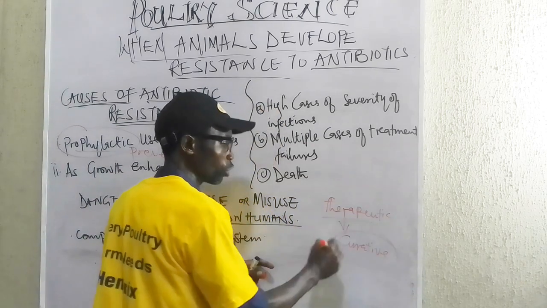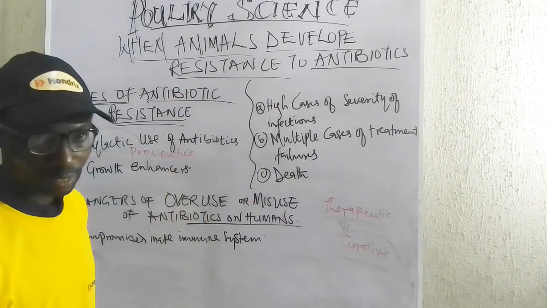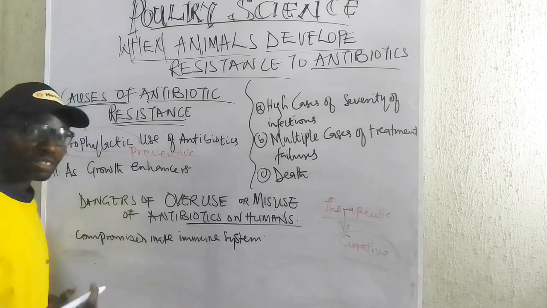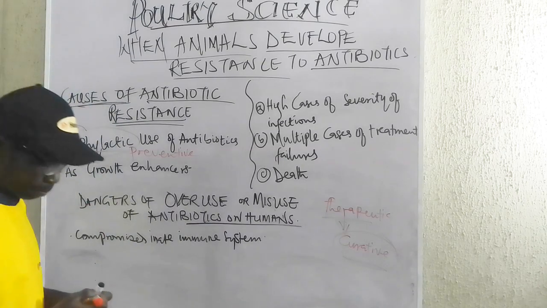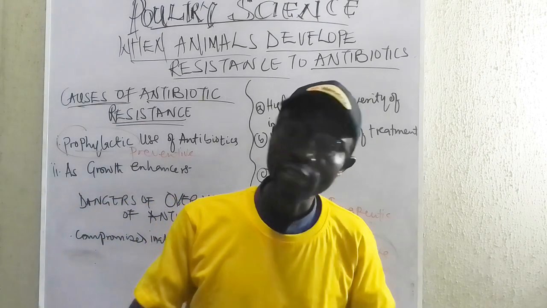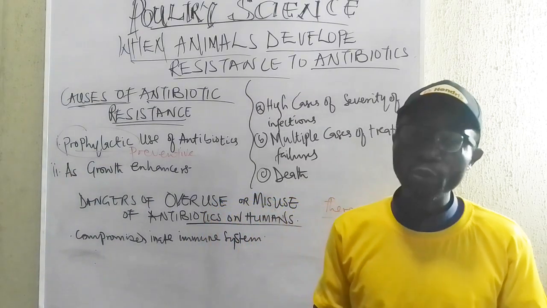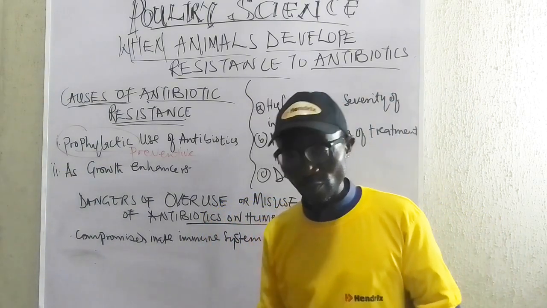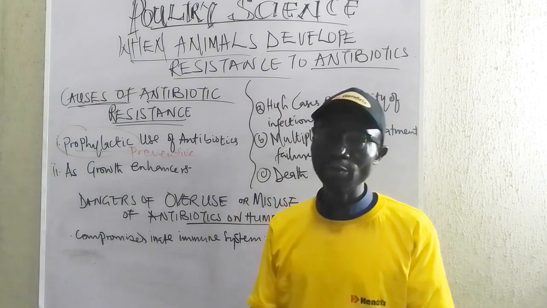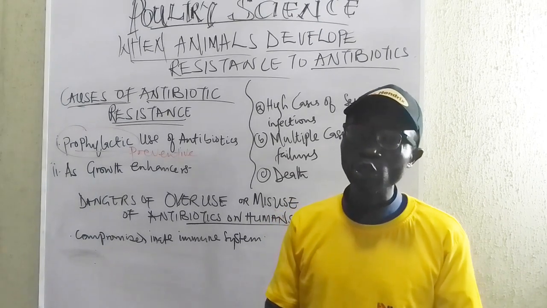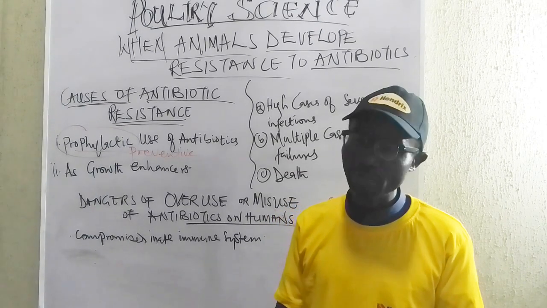So when you use something to cure, that is therapeutic, but when you want to prevent something, it's prophylactic. Prophylactic use of antibiotics is a situation where I'm not giving this to this animal or this set of animals, or the flock, in order to cure a disease, but I want to prevent it.